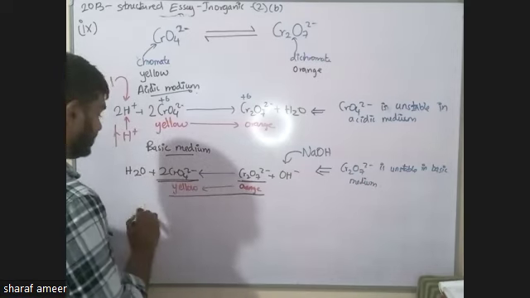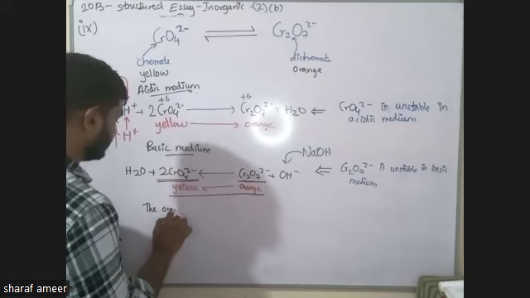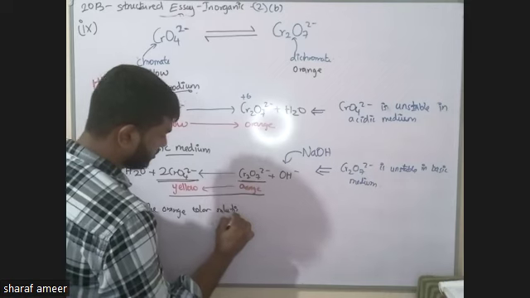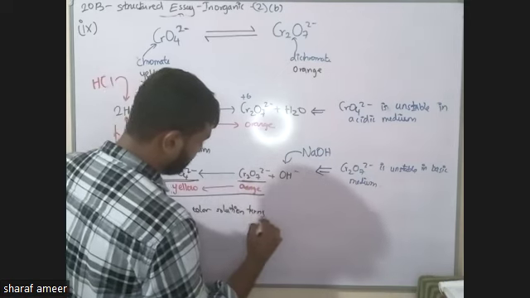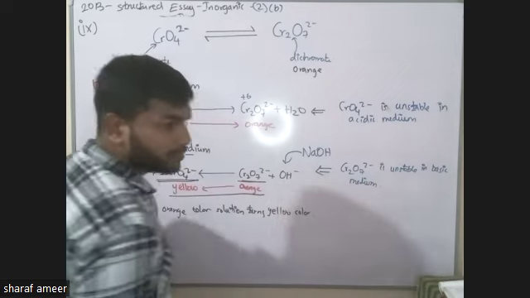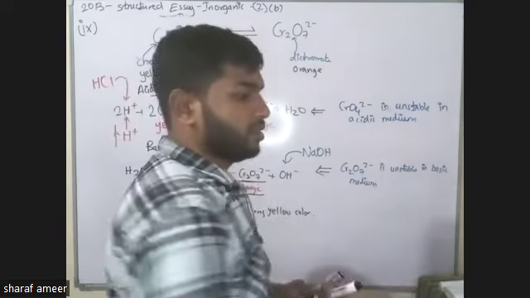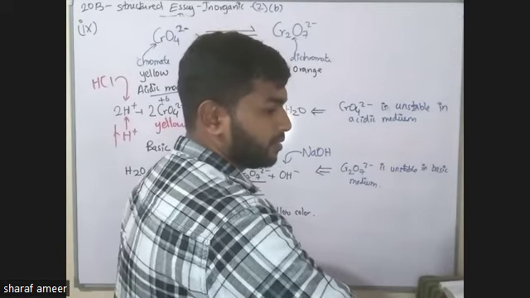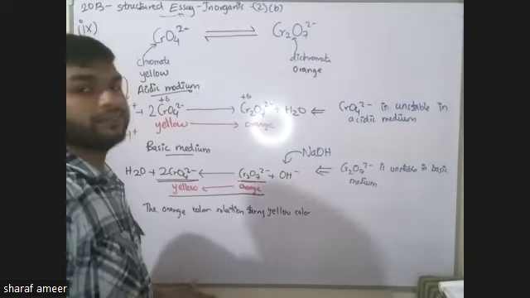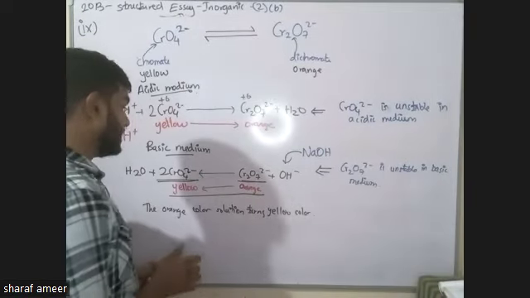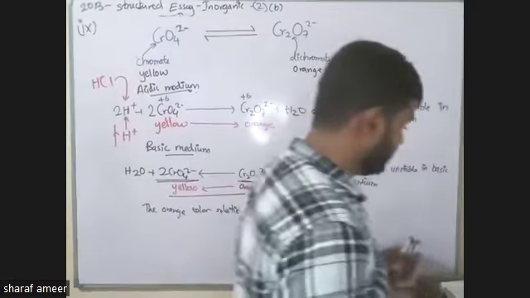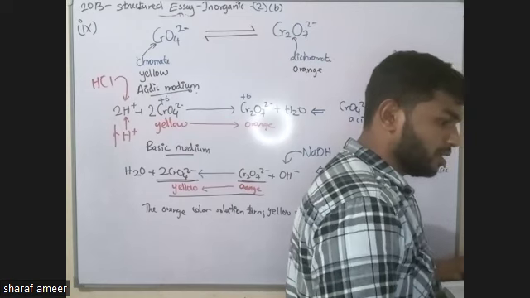What is the observation? The orange color solution turns yellow color. So this is the answer for question number 9.